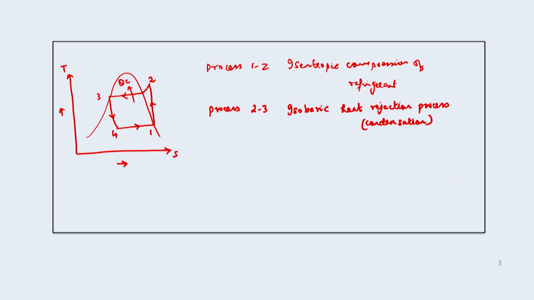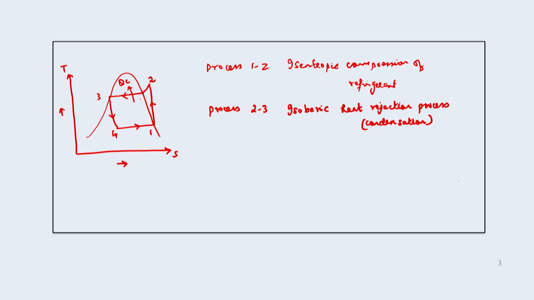Process 2 to 3 is an isobaric heat rejection process, where the refrigerant enters after compression. If you see this diagram, it is initially cooled up to the saturation state. If you want, we can have this point as 2 dash.